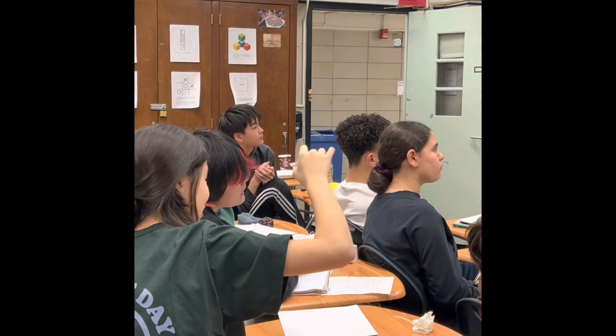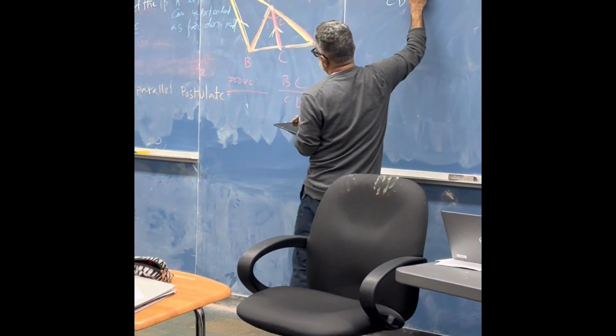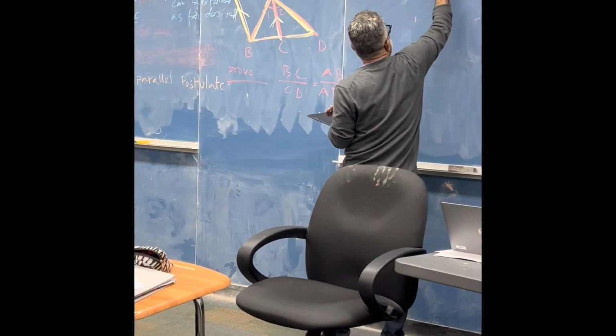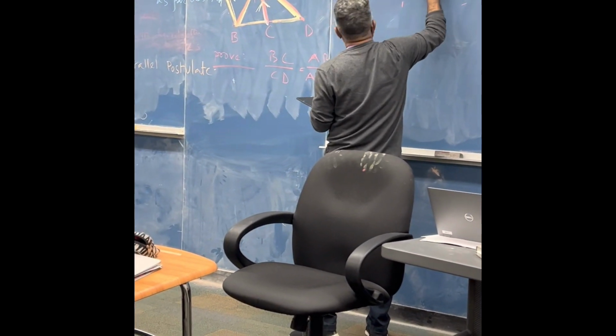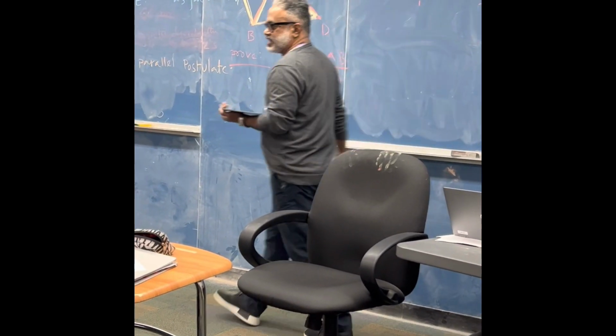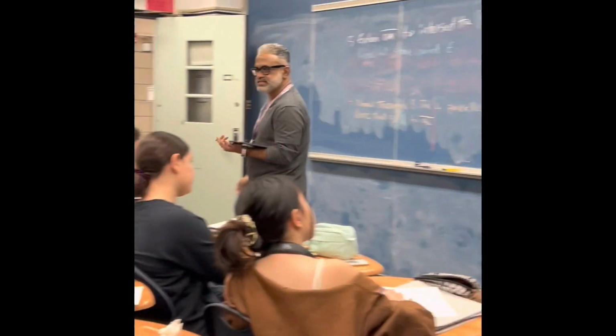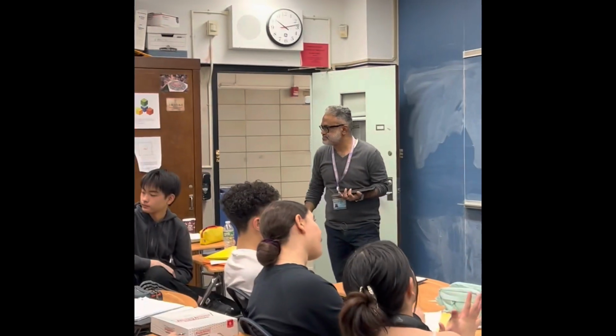So you should just say BC over CD is equal to EA over AD, right? Can you say that, guys? What is the reason?